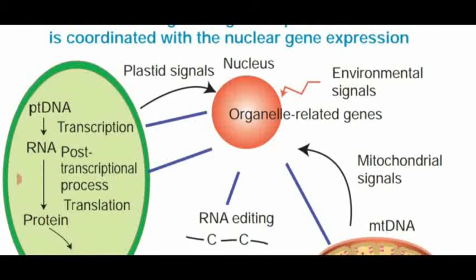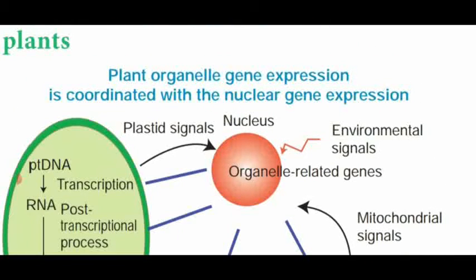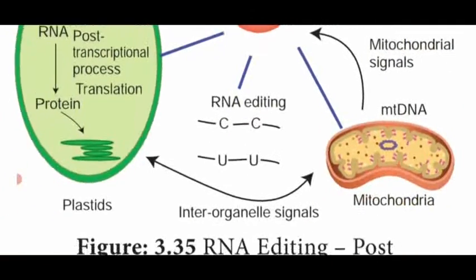That's why the topic is plant organelle, that is chloroplast and mitochondria, gene expression is coordinated to the nuclear gene expression. The light orange color, oval-shaped structure is known as the nucleus. Okay.